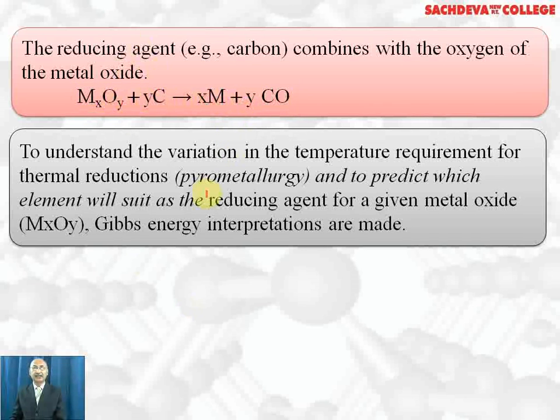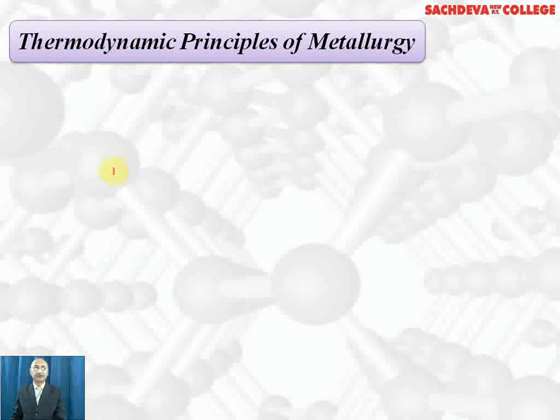This is called pyrometallurgy. Pyrometallurgy involves heating of ore so that it gets converted into metal and oxygen is removed. To understand the variation in the temperature requirement for thermal reduction, and to predict which element will suit as a reducing agent for the given metal oxide, Gibbs energy interpretations are made, and these are called thermodynamic principles of metallurgy.